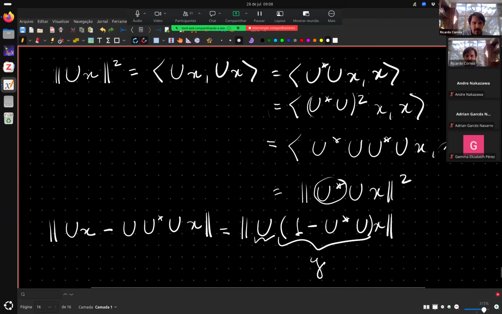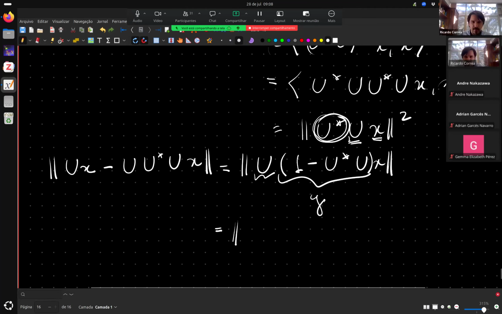That's what is written above. Given any vector, if it has a U in front, you can put an extra U star and it doesn't change the norm. So that's what I'm about to do: I put an extra U star and repeat the vector.